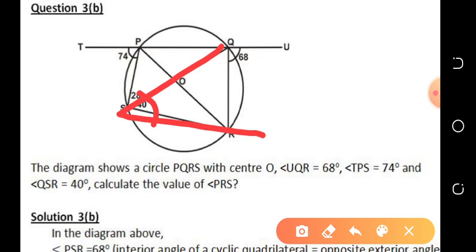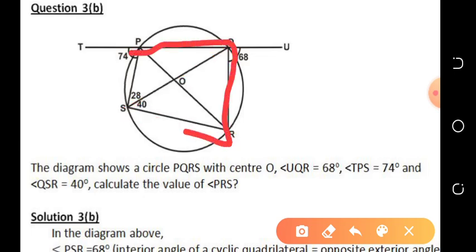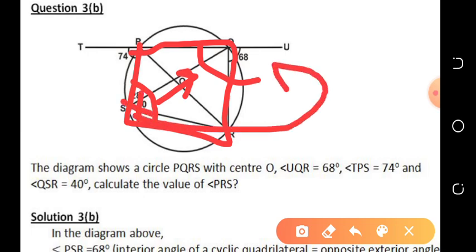Now let's look at this very well. You know, this is a cyclic quadrilateral. And there is this law that says that the interior angle of a cyclic quadrilateral is equal to the opposite exterior angle. So this angle here is the same as this angle 68 that you have there.